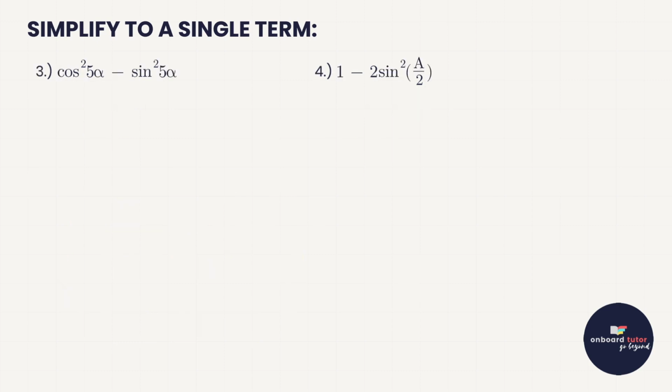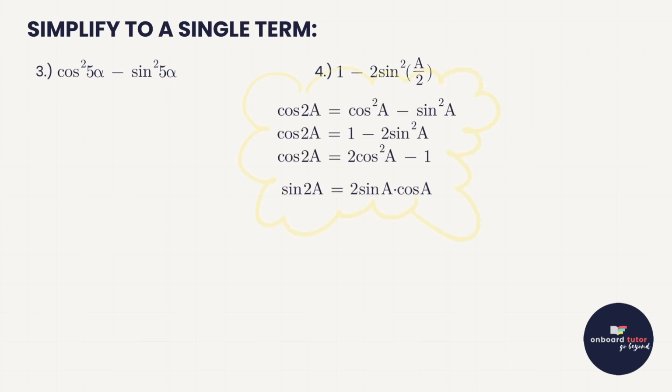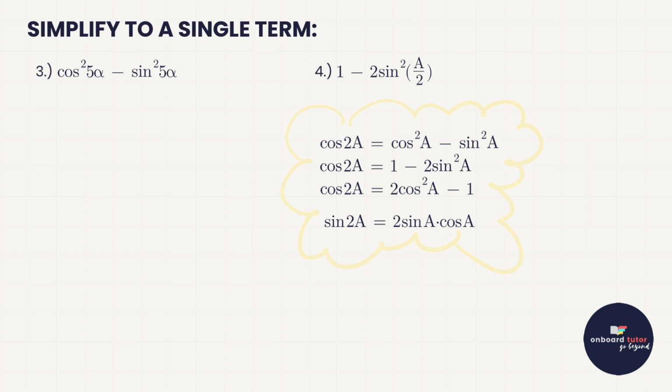Let's try some more. So cos squared 5 alpha minus sine squared 5 alpha. We should be so in tune to sine squared plus cos squared equals 1. But now we need to shift and say, okay, if they're not adding, then perhaps we are talking about one of these double angles. So let's look specifically for cos squared minus sine squared.